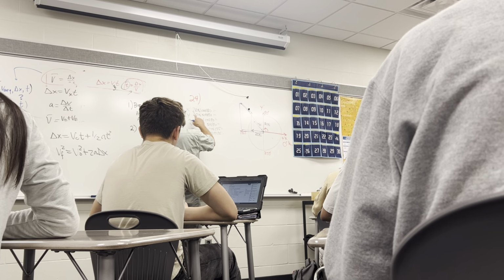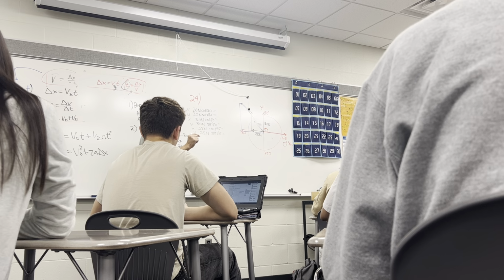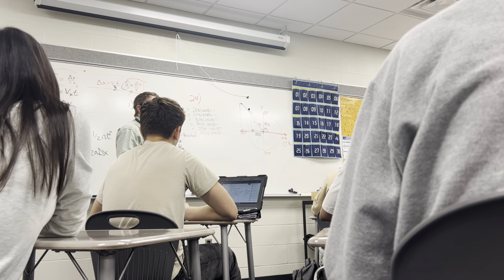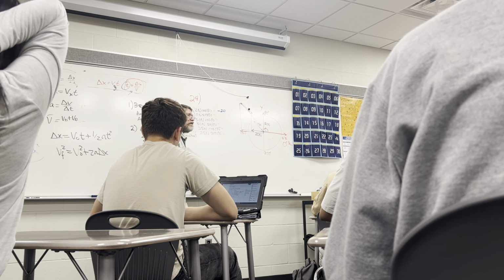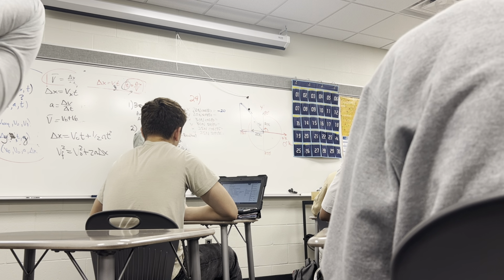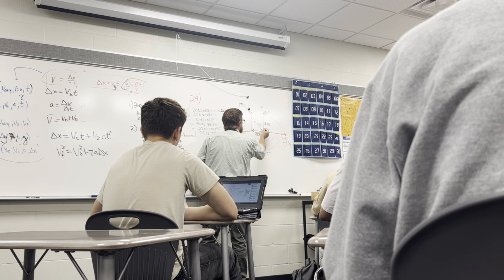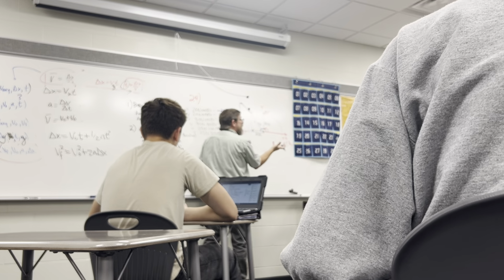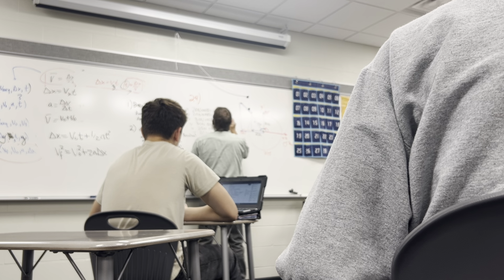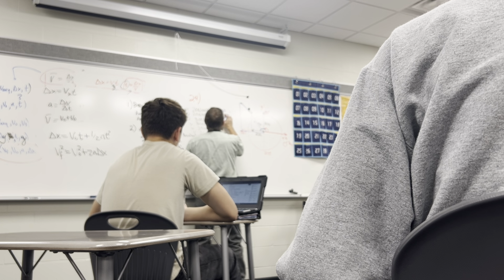Because look what happens. In the x direction, when you take 20 cos 180, it's going to say negative 20. Because the cosine of 180, that's just in the negative x direction. It's going that way. And it's negative 1. And we take negative 1 times 20, you get negative 20.